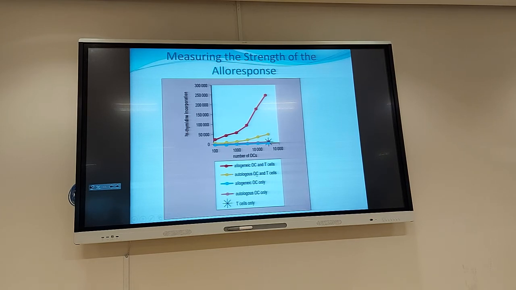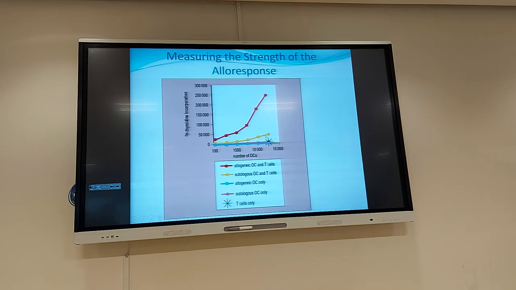So in this first case here, where we've got allogeneic dendritic leukocytes, in this allogeneic response, you can see that the more of these leukocytes you add, the more proliferation you're going to get.